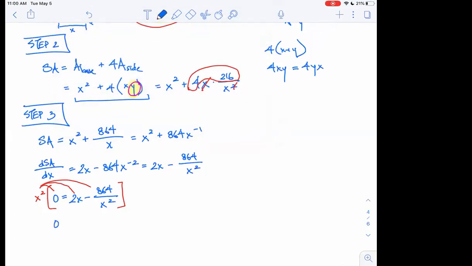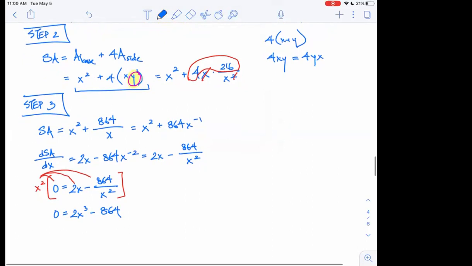And I'm going to get 0 equals 2x cubed minus 864. Boom, no more fractions. Now, I'm going to add the 864 to both sides, and I'm going to divide by 2. So that's going to give me x cubed equals 432.